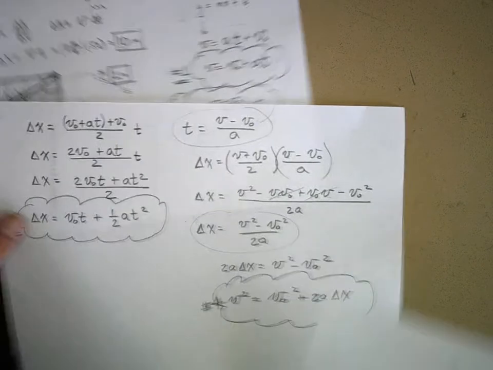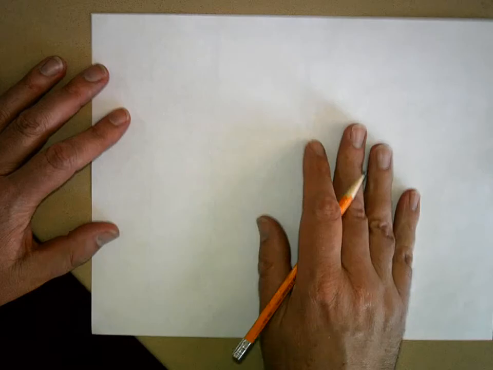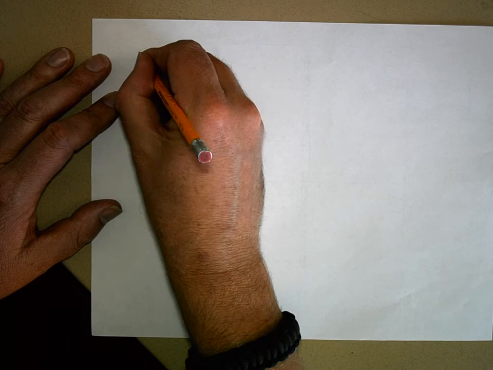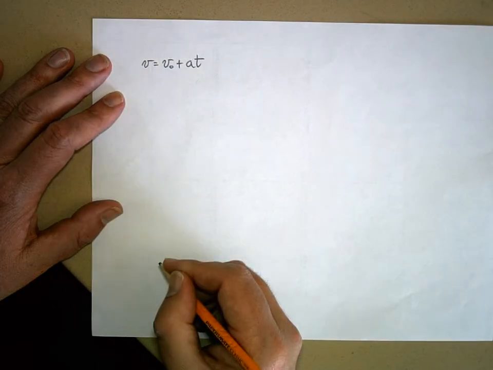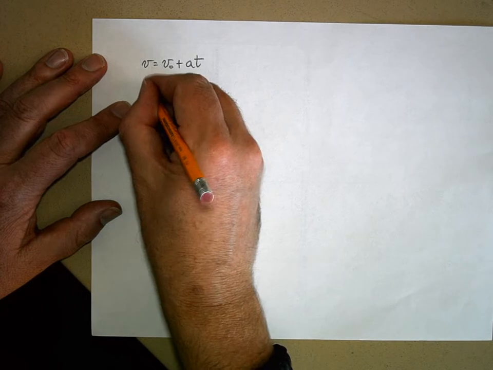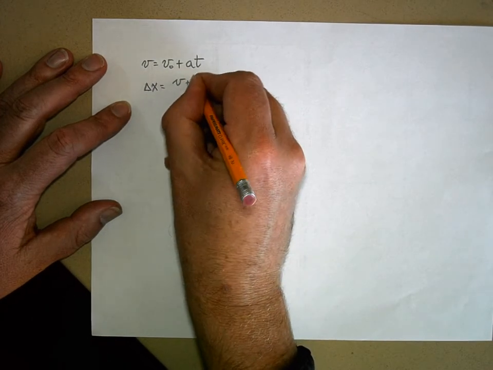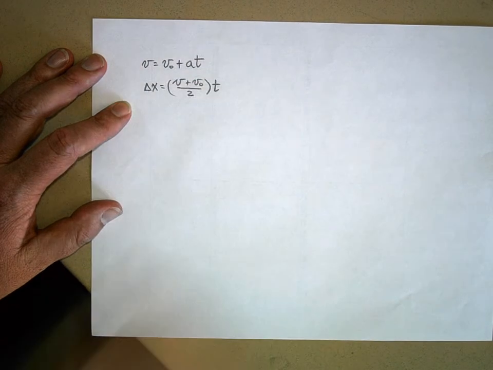Okay, and I'm going to write them all down here. Here's number 1. And by the way, this is a great thing to put on your equation list that I'm going to allow you to use during quizzes and tests. v equals v naught plus at. That's equation 1. Equation 2 was delta x equals v plus v naught over 2 times time.